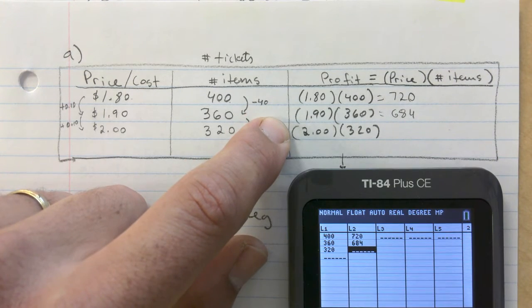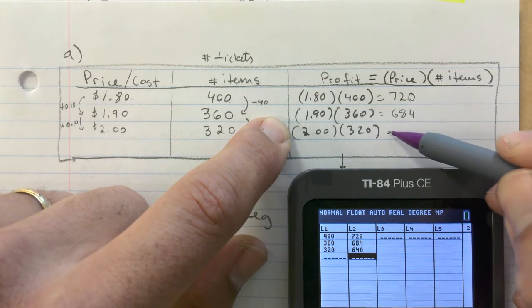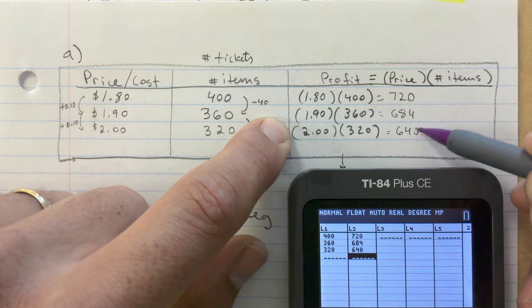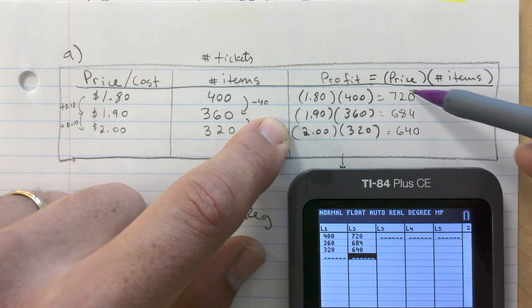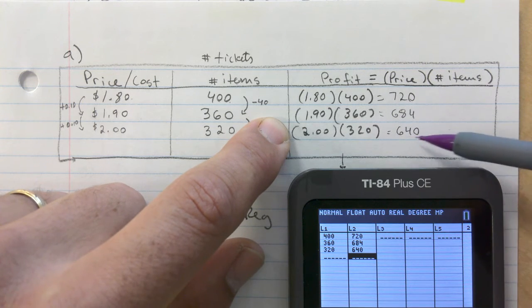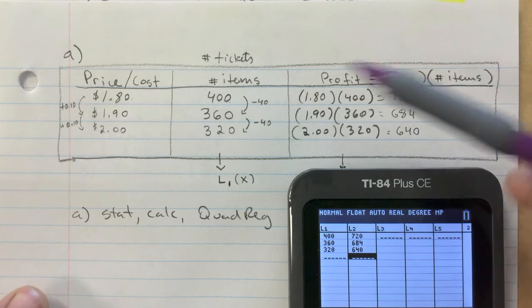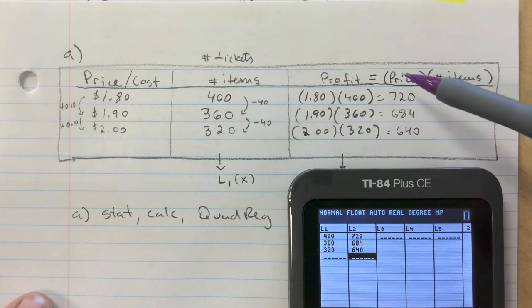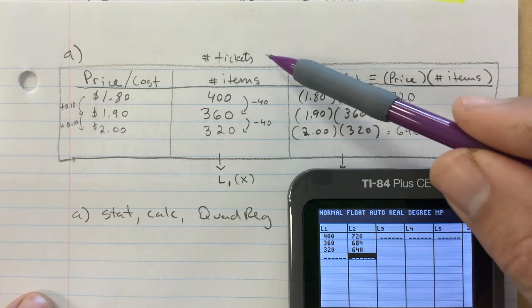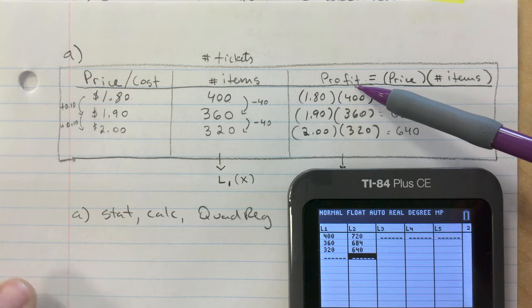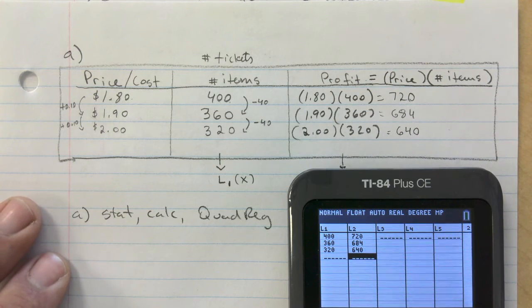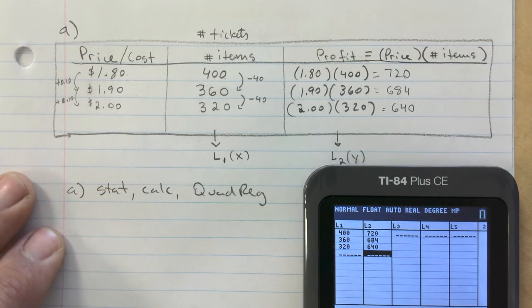Then it's 2 times 320, which is of course 640, right? So you've essentially entered these values into L2. And remember, it's tickets and profit that they're asking you to compare to come up with the equation for. Okay? So let's.